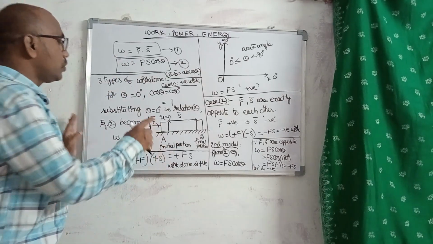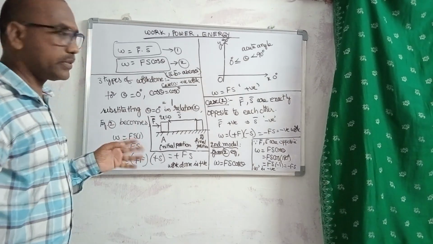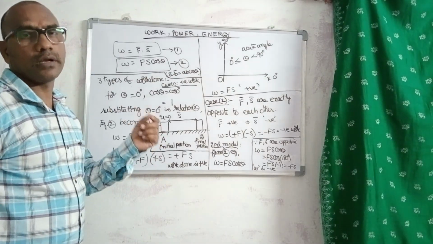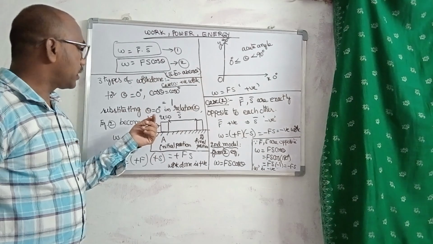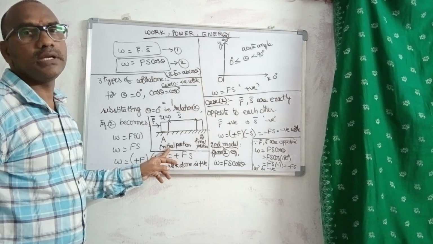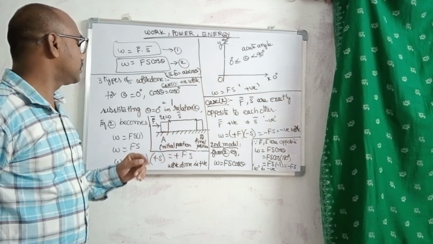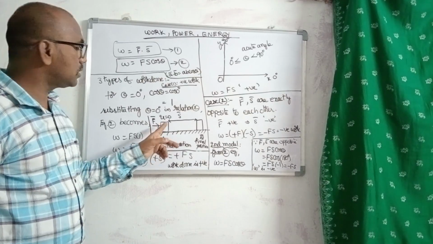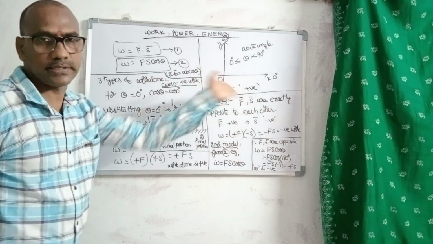Now, once again I am explaining. A block is there, or an object, a car, whatever it may be. It is at position A, initially at rest. Now I am applying some force on the block towards the right side.